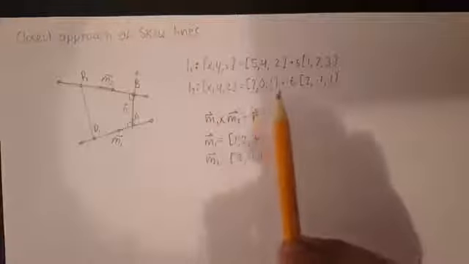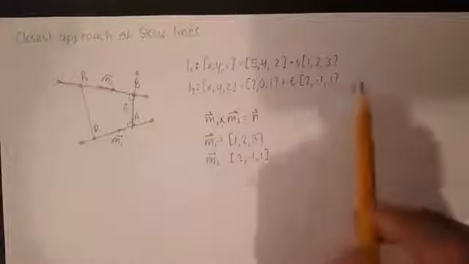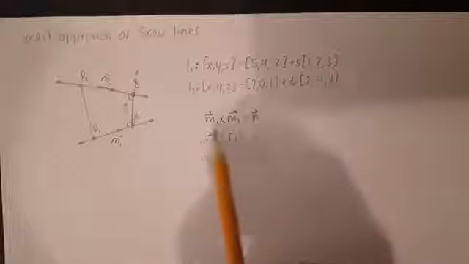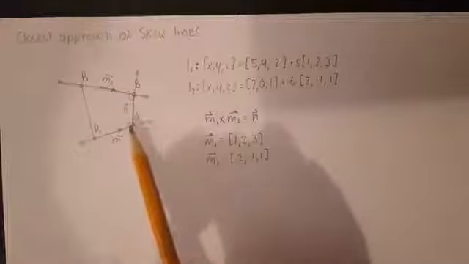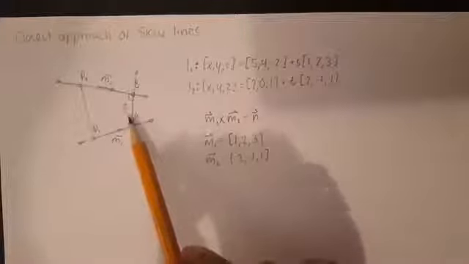So point 1 would be 5, negative 4, and negative 2, and point 2 being 2, 0, and 1. You can then find out that the normal to both lines is their directions crossed, which is M1 cross M2. And we know that their closest approach would be when both lines are perpendicular to this normal line.